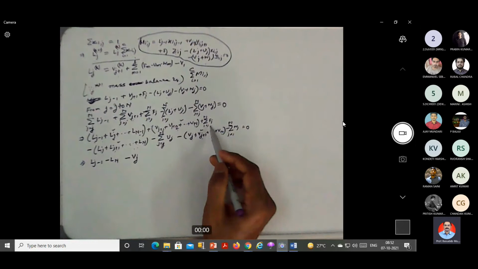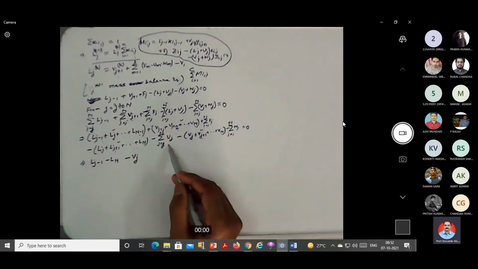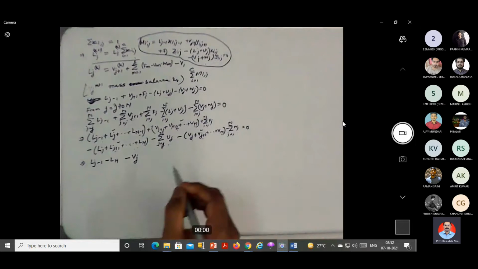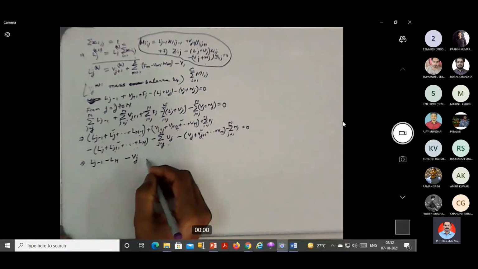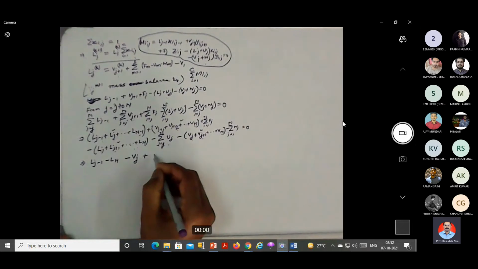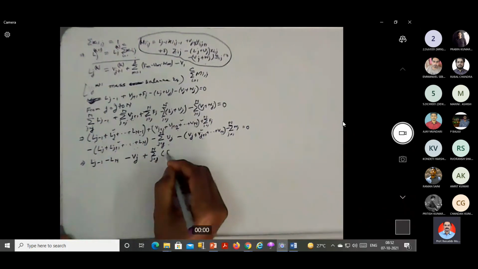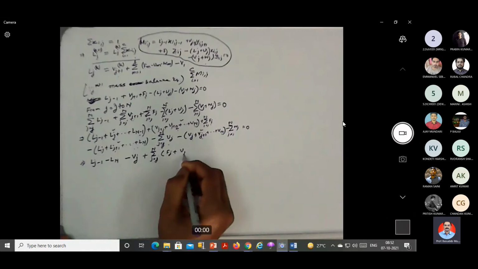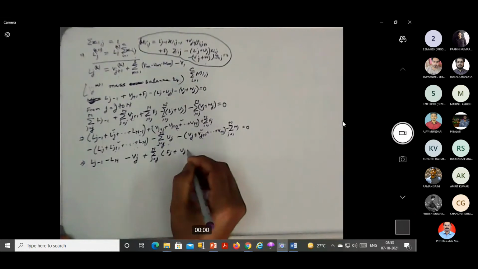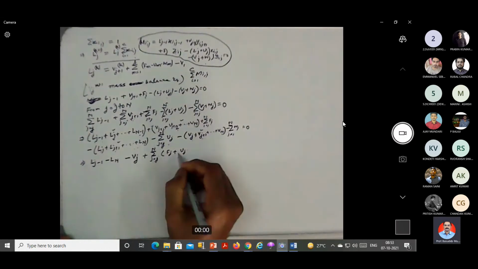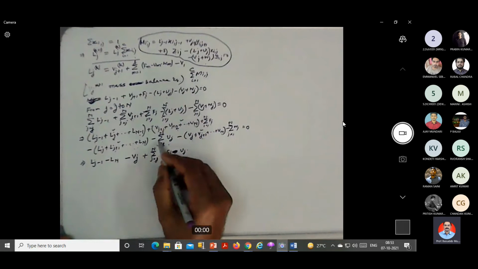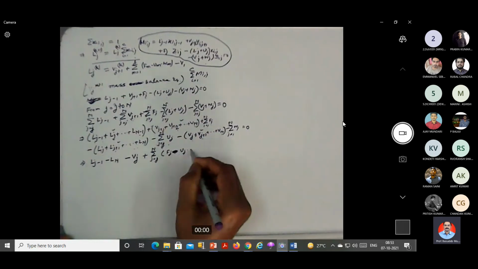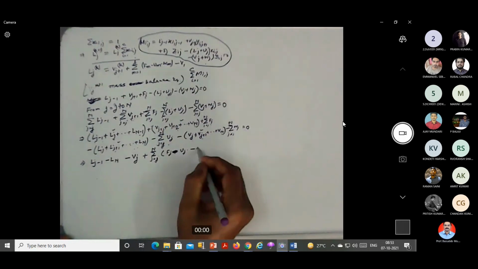Now look at this term. This is input, sigma uj, input, sigma wj, input. Those we can write together. Writing them together, we have the sum from j equal to 2 to n of fj minus uj minus wj.